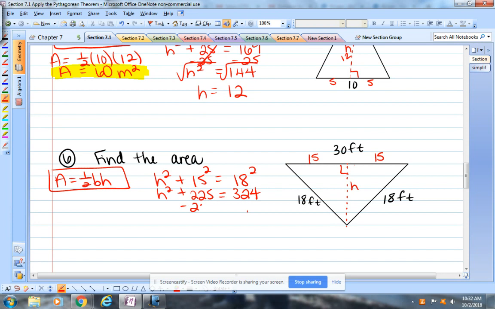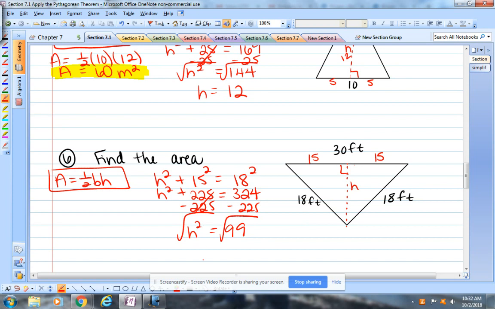So h squared equals 99. Well, since we're doing feet, it makes sense to approximate this, doesn't it? Because we don't say something like 2 radical 6 feet. That makes no sense to a carpenter, right?